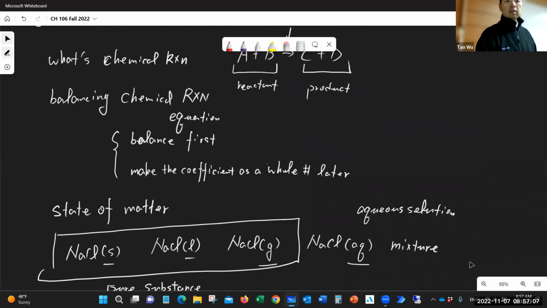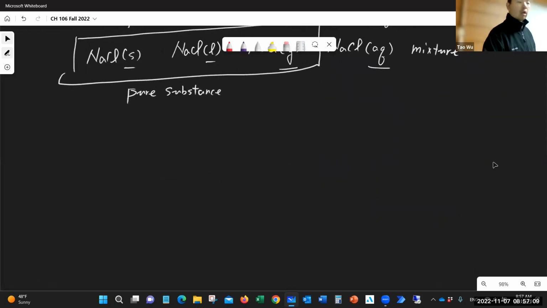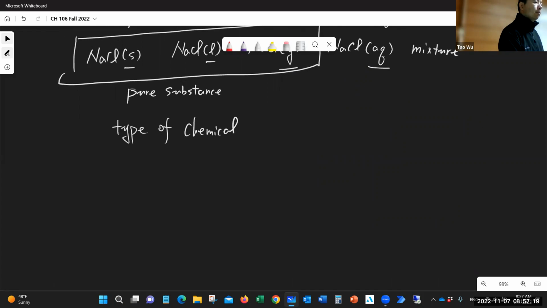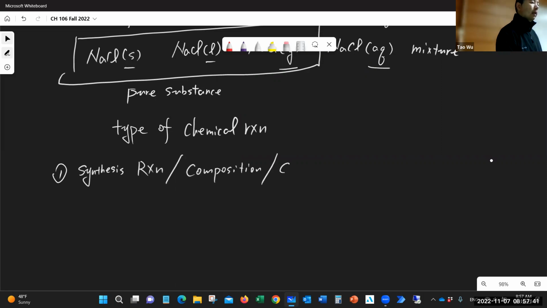The last part we talk about for this unit is the types of chemical reactions. The first one is the composition or synthesis reaction, or people call it composition or combination.